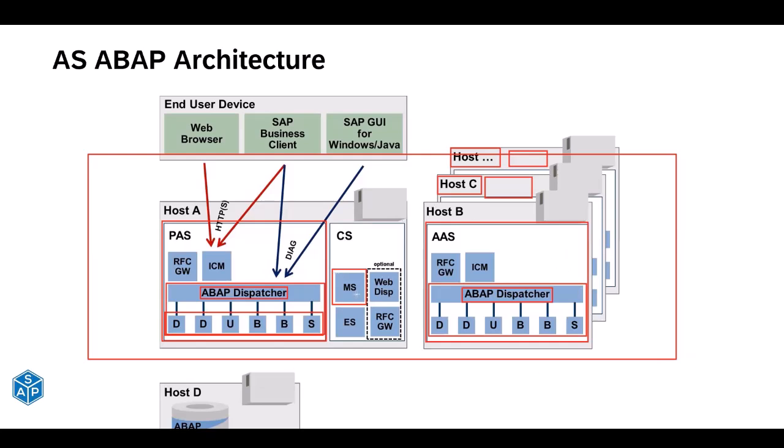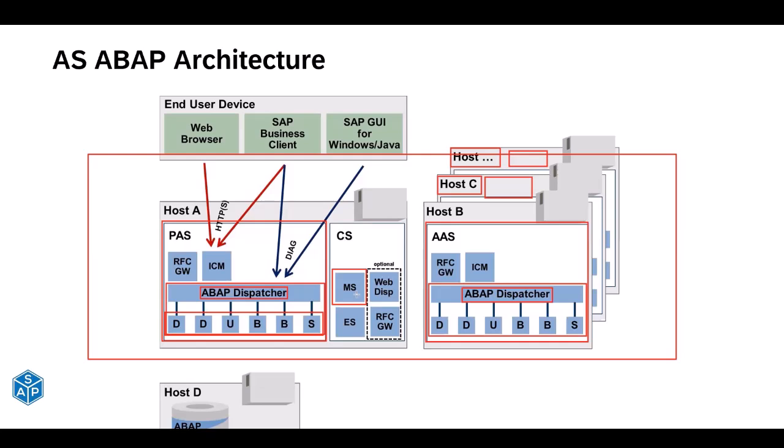So you have only one message server, and you will have multiple application servers. In every application server, you will have one dispatcher, and under that dispatcher, you have multiple work processes. If it's only a standalone system, then the role of the message server is not that critical or important.